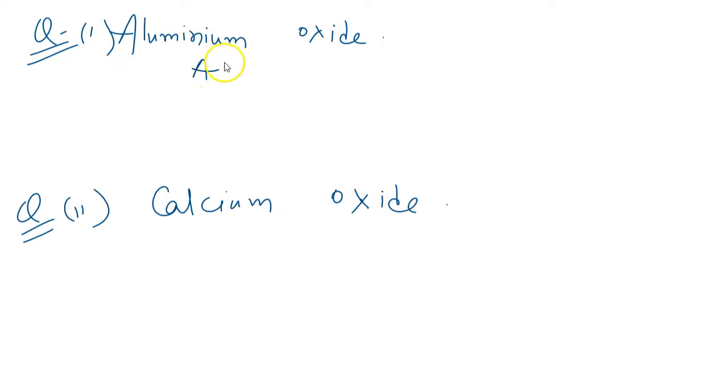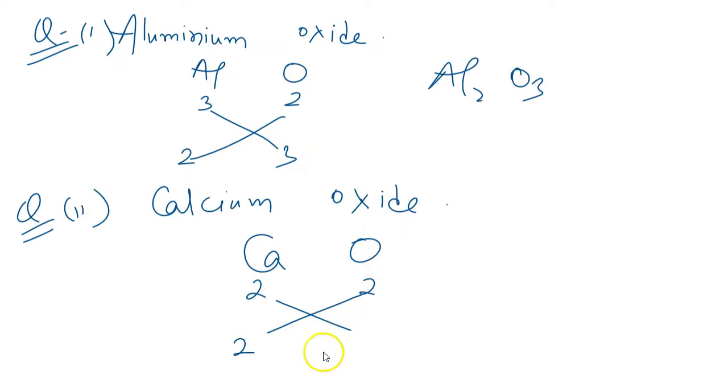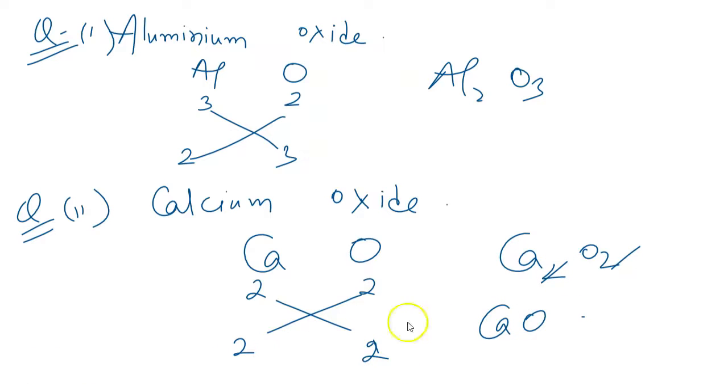So basically aluminium oxide, Al and O, valency 3, valency 2, crisscross it, we will get Al2O3. Similarly calcium oxide, both are 2. Calcium 2, oxygen 2, crisscross, you will get 2 2. So Ca2O2. That means these are the same. We can just say CaO as the formula for calcium oxide.